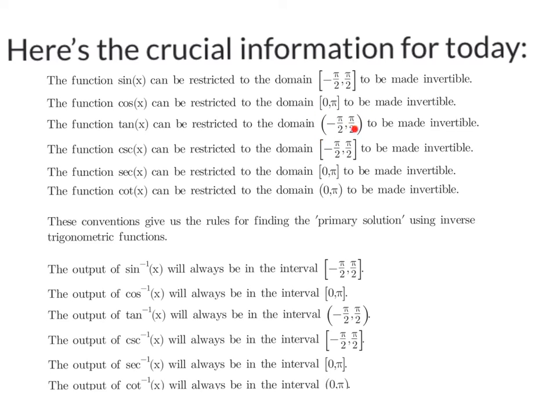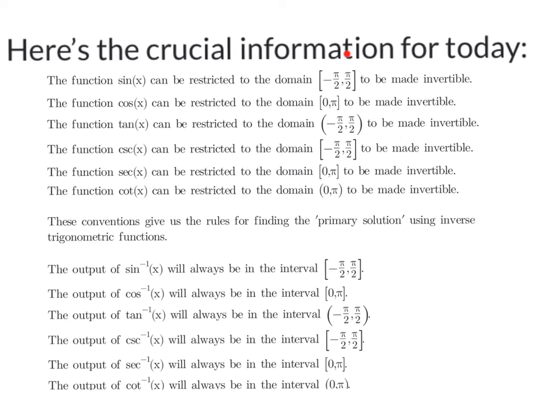Notice this is not inclusive because tangent is not defined at negative pi over 2 or at pi over 2. Cosecant, same as sine. Secant, same as cosine. Cotangent, same as secant, but again, notice that on the cotangent function, this is not inclusive because cotangent is not defined at 0 or pi.